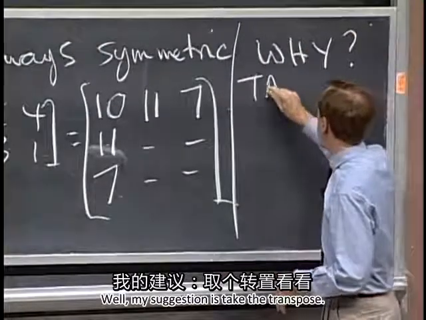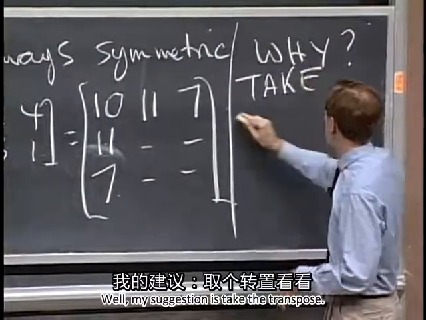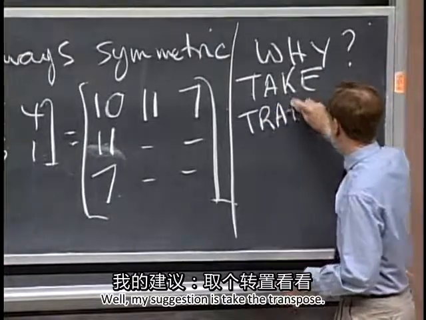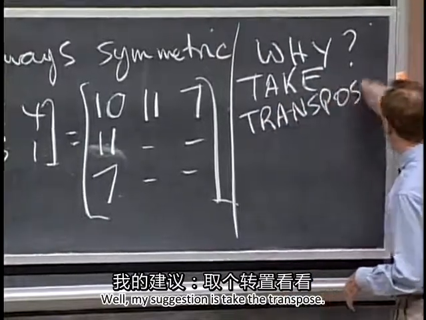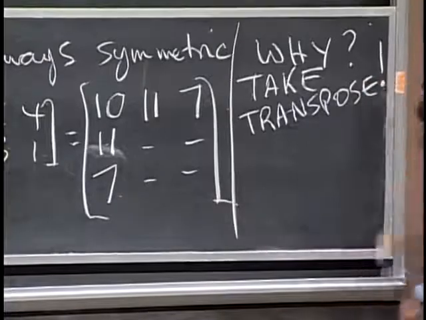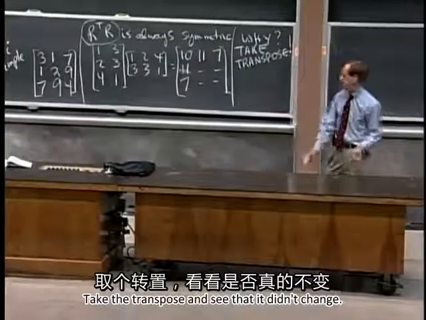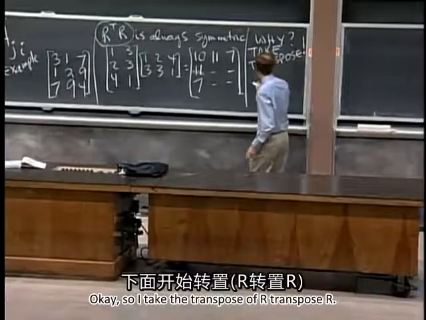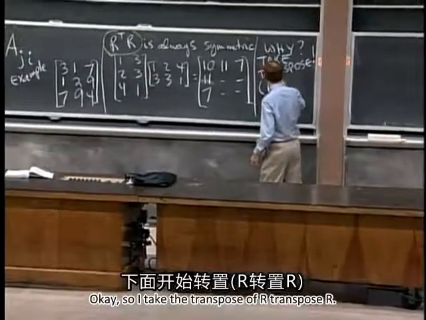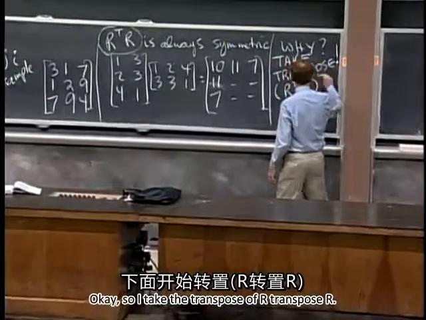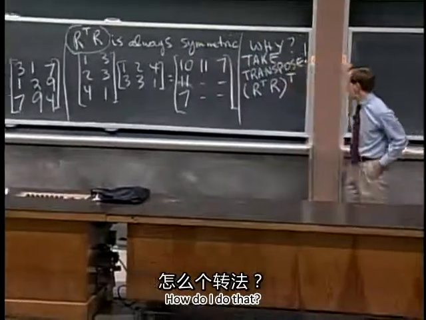Well, my suggestion is take the transpose. That's the only way to show it's symmetric. Take the transpose and see that it didn't change. Okay, so I take the transpose of R transpose R. How do I do that?